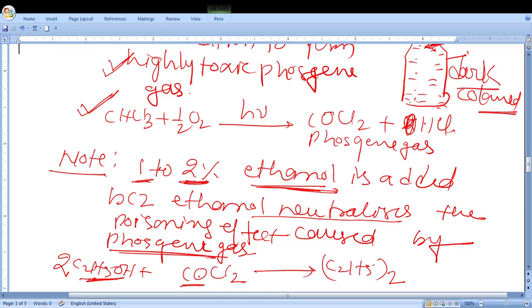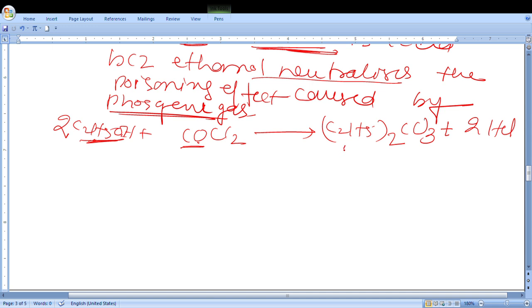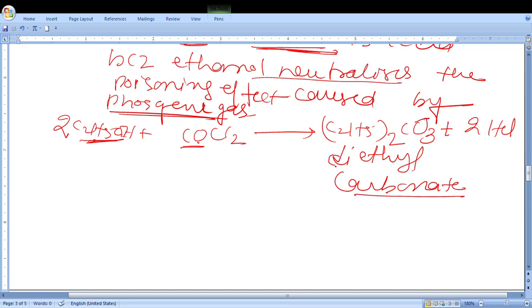Now these 2 O atoms and this CO will form CO3 plus 2 HCl molecules will be formed. So this is CO3, ethyl carbonate.